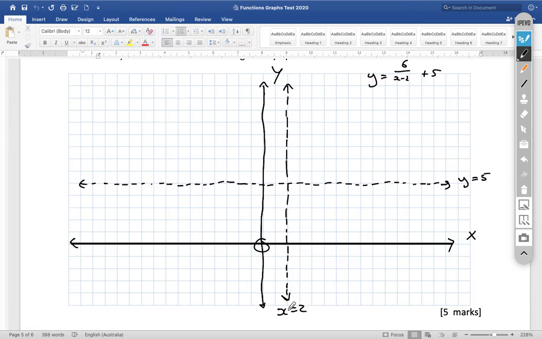I notice here it's going to cross the y-axis. It's going to cross the x-axis. I will do this with technology in a minute, but let's just find the x-intercept. That's happening when y equals 0.